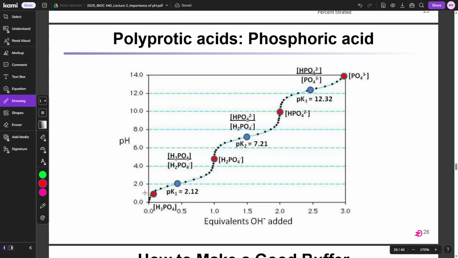What you should note is that to go from here to here, I need one equivalent of hydroxide, right? It does not matter if my solution has 5 moles of phosphoric acid or 10 moles or whatever. It's still one equivalent of OH minus.